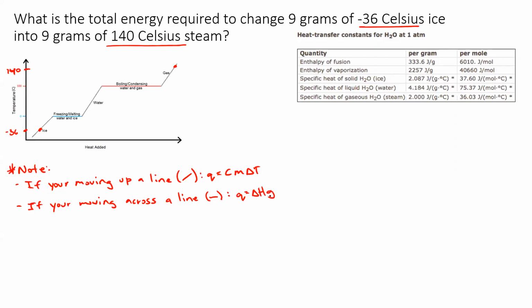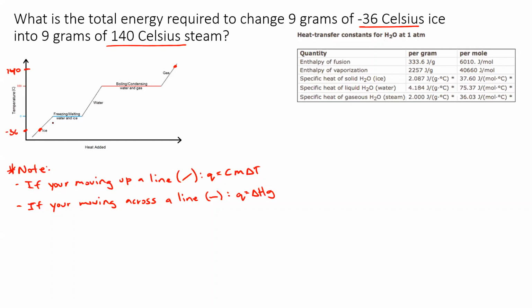By across a line, we mean the freezing and melting points as well as the boiling and condensing points. Those are horizontal lines and require a different equation. Going from ice at negative 36 to 0, 0 to 100, and 100 to 140 require that we use Q equals Cmat. So if you're still confused, let's jump into the math.